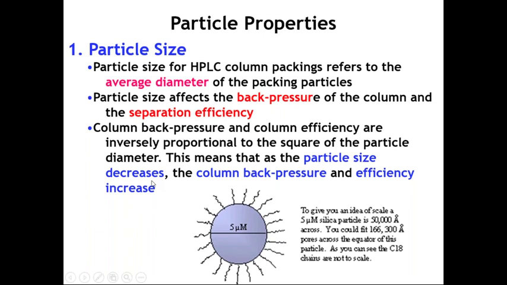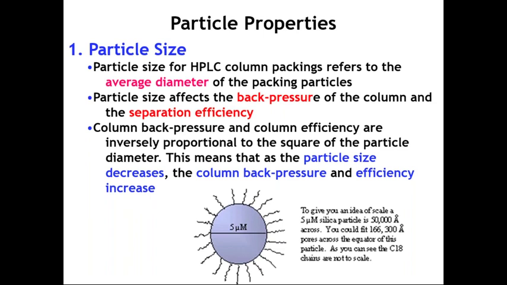So the particle size affects both back pressure and separation efficiency. As the particle size decreases, the column back pressure increases, and the efficiency also increases. So to get good resolution, as you will later see what we mean by resolution, we generally use particles of smaller size. However, you have to be sure that your sample is absolutely pure, so your sample preparation process has to be carried out with the utmost care.